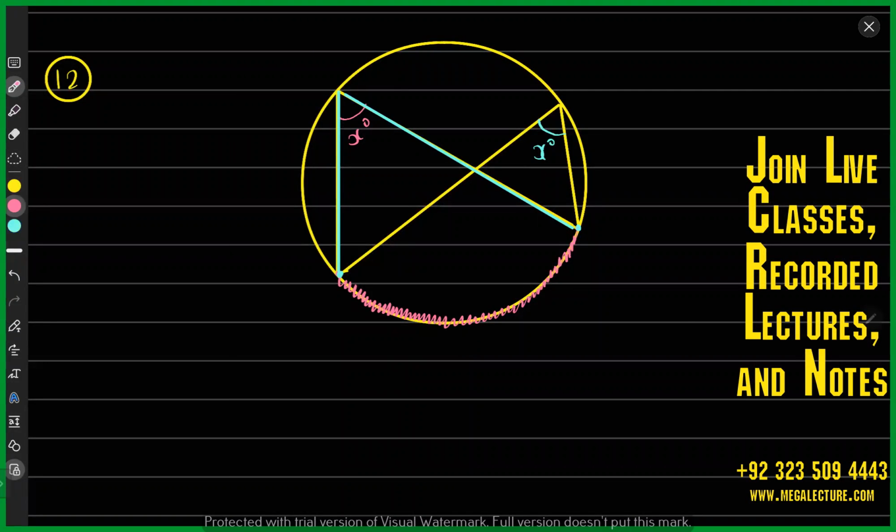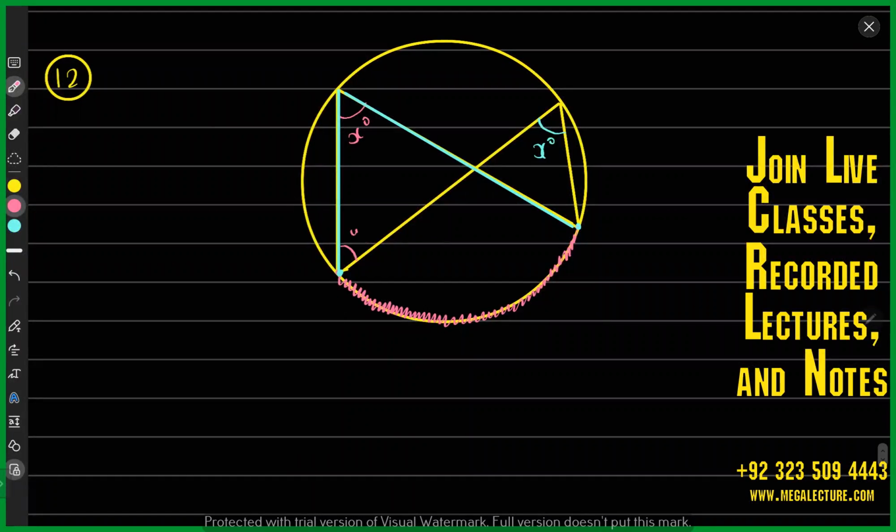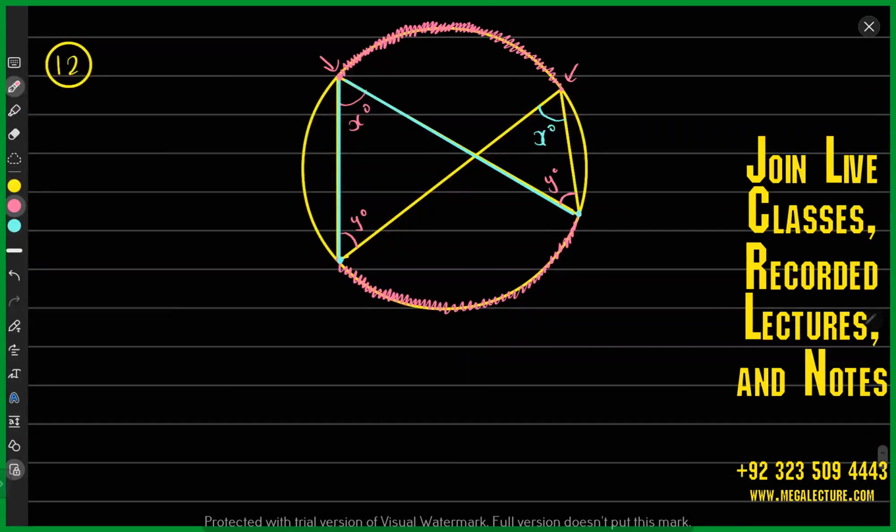So for example, if you look at this other part of the circle, let's say this is y degrees. This is starting from here, ending here, and making this pink arc. And if I look at this angle right here, again it is starting at this point and ending at this point. This means that it is also making the same pink arc. So this would also be y degrees.